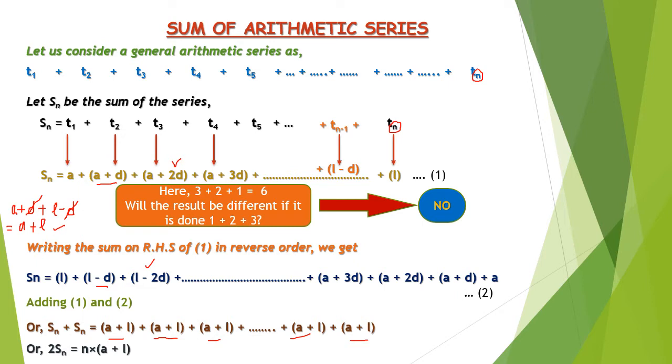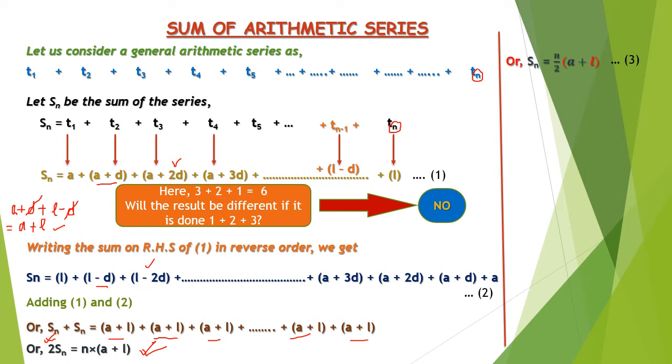So you have to understand how many A plus L there are. There are N of A plus L because there are N terms in the series. Now, Sn equals N by 2 times A plus L. It is just bringing 2 to the numerator of the right hand side. This is one of the formulas, equation 3.